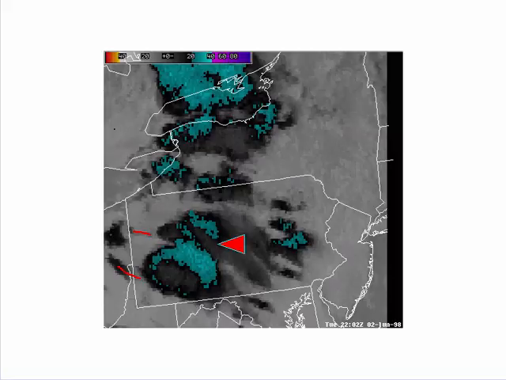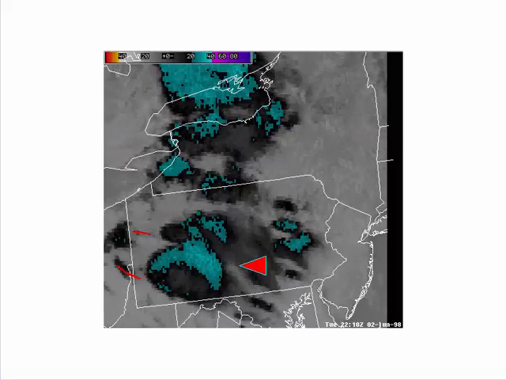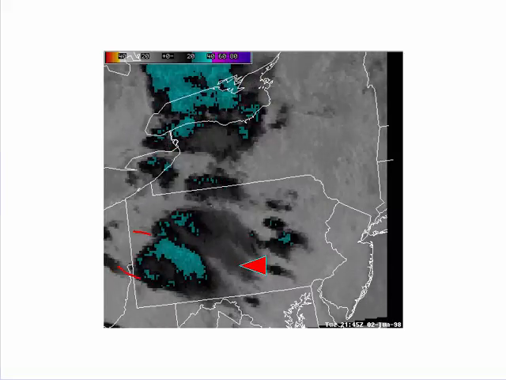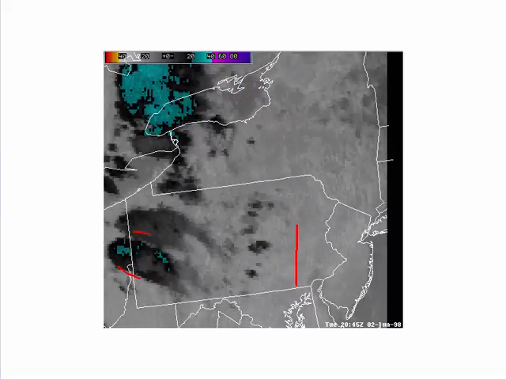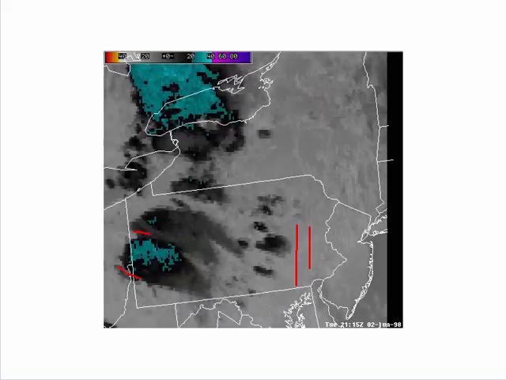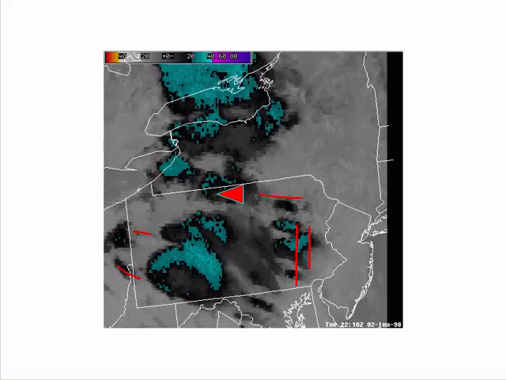But still, you can clearly see and track these outflow boundaries at night using this channel. And you can also see, if you look carefully, some of these low-level cloud streets here that are forming in eastern Pennsylvania. With the 3.9 channel in the future you should be able to use it pretty closely to the way you use visible now in terms of looking for those low-level cloud streaks and boundaries and such.